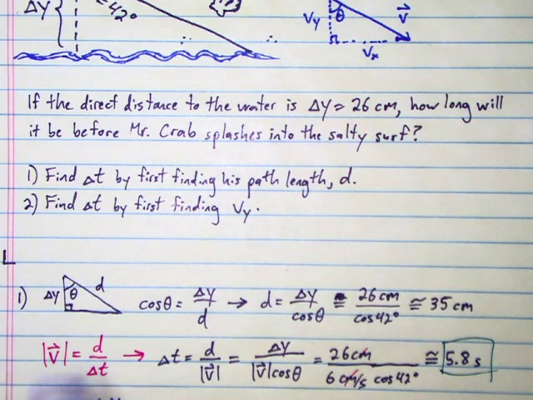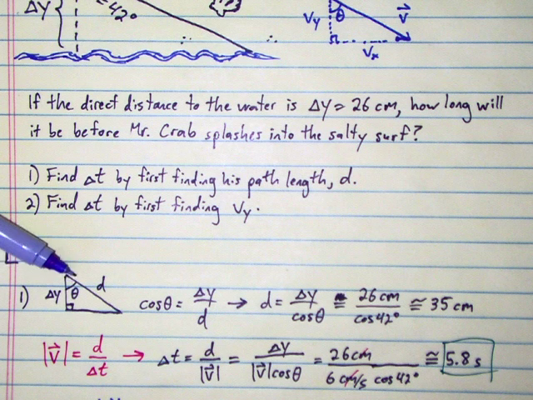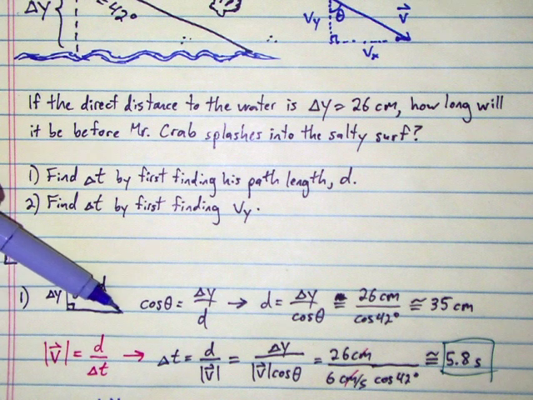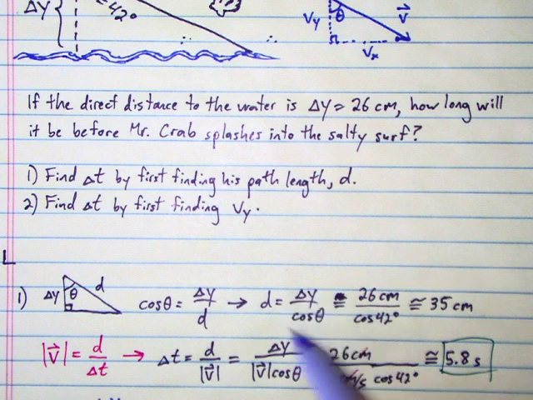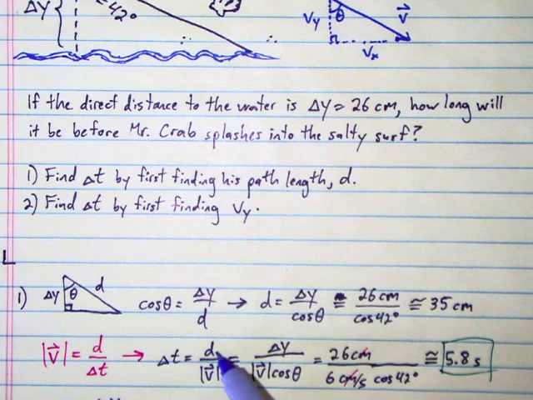Then once you know that, he's traveling in this direction at 6 centimeters per second, he's got to go those 35 centimeters, so we can rearrange this relationship to solve for the change in time, d over the magnitude of the velocity, also known as the speed. Substitute in this expression for d to get this, then plug our values in, comes out to be 5.8 seconds before it hits the water.